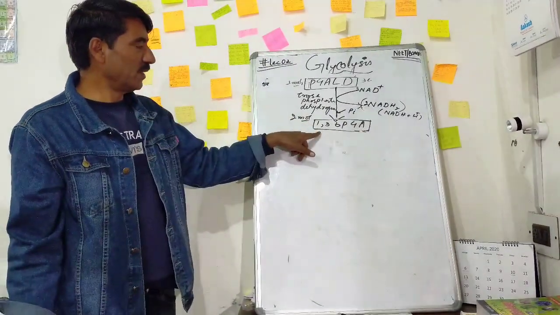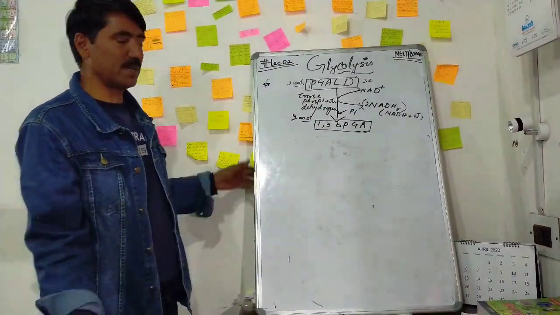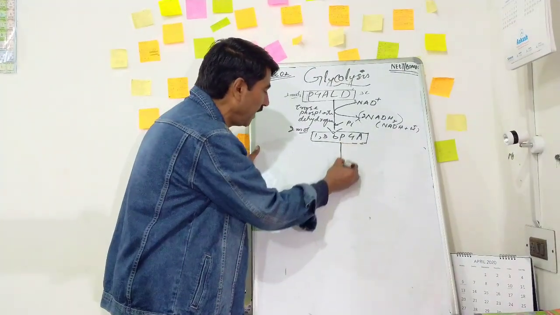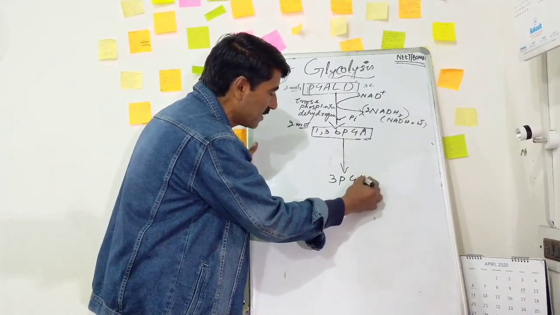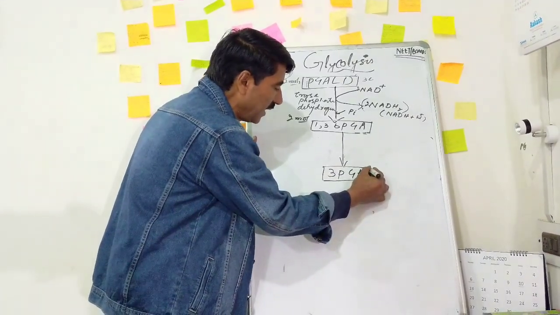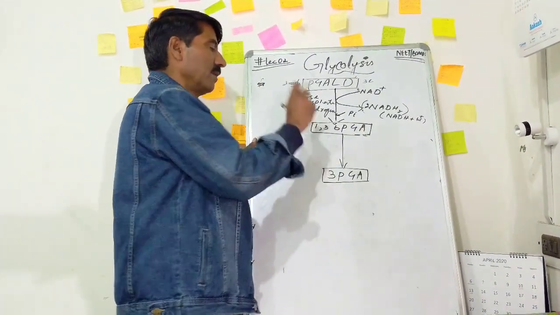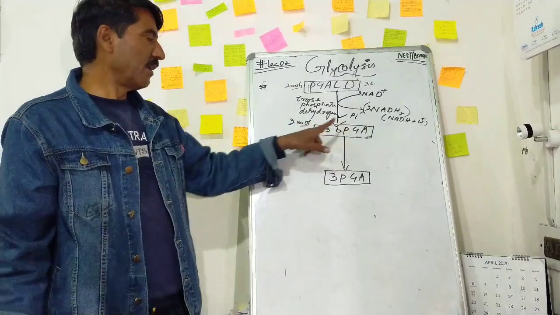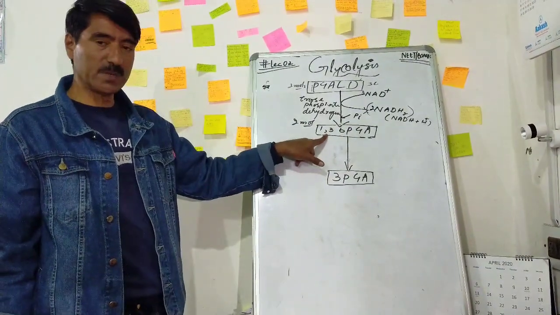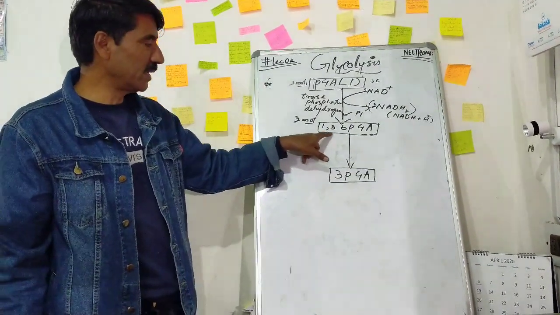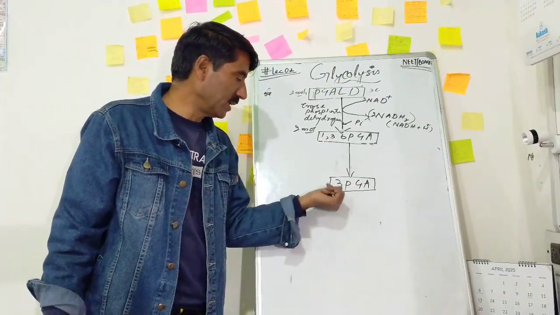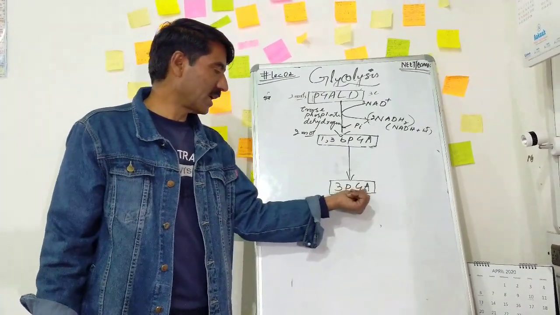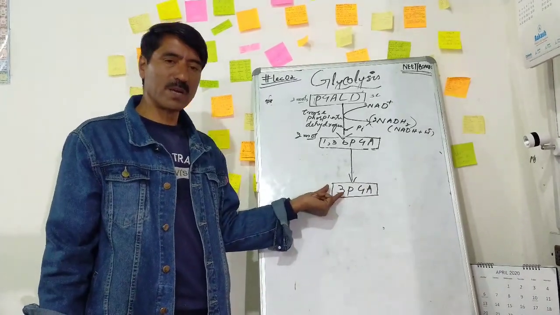Now this 1,3-bisphosphoglyceric acid gets converted into 3-phosphoglyceric acid. That means the glyceric acid having two phosphate groups, at position number 1 and position number 3, becomes the glyceric acid having the phosphorus at position number 3.